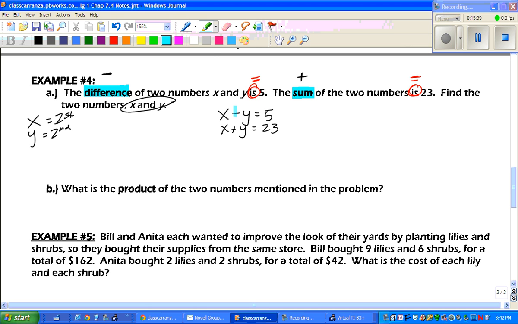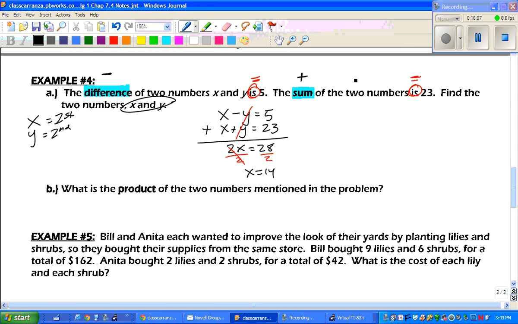So the nice thing, we can do elimination right away because look at your y's. Once you set it up, your y's cancel right away. Remember to add. 2x equals 28, and then divide. X equals 14.